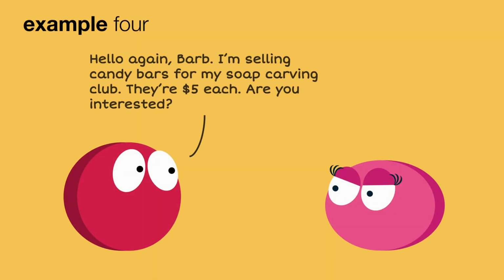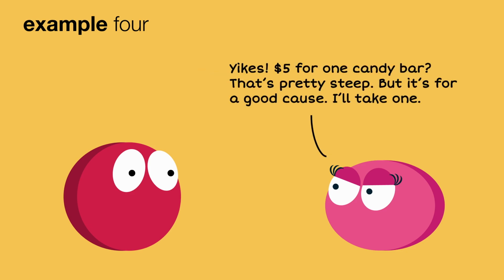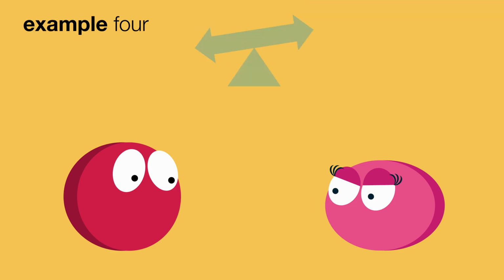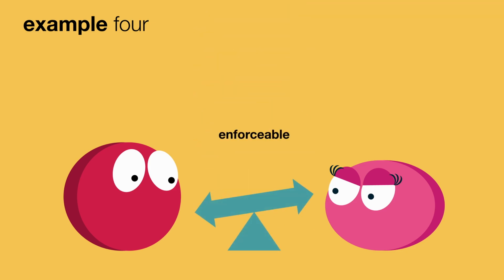So even if it's uneven, look at this example. Bob says, hello again, Barb. I'm selling candy bars for my soap carving club. They're $5 each. Are you interested? Yikes. $5 for one candy bar? It's pretty steep, but it's for a good cause. I'll take one. So there we can say, $5 seems a little much for a candy bar, assuming it's an ordinary size candy bar.